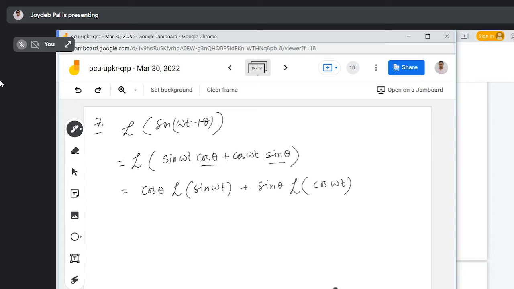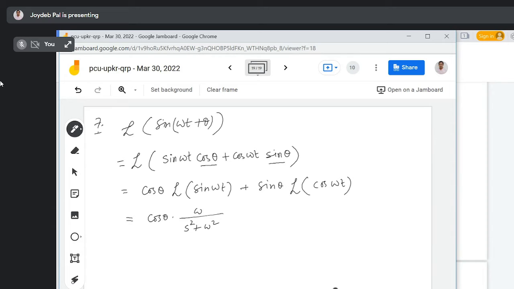Now we know the Laplace transform of sine omega t. It is what? Omega divided by s square plus omega square. Don't write mistakenly s square minus omega square.